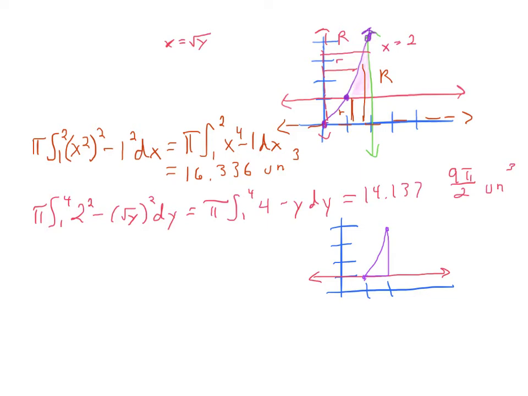So we are going to integrate in terms of x between 1 and 2 of just the big radius, which would be in between y equals x squared and the axis of revolution, y equals 1. So we have x squared minus 1 as our distance, and that will be squared dx.